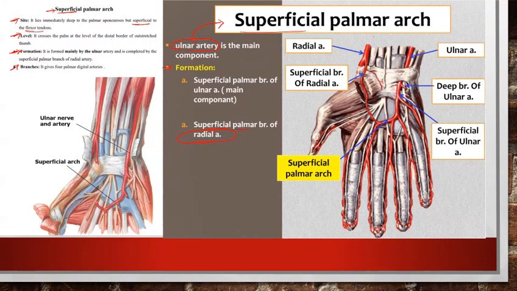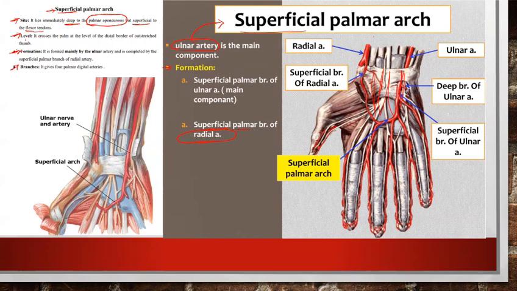The superficial palmar arch is superficial to these tendons, but it lies deep to the palmar aponeurosis. What is the palmar aponeurosis? It's a fascia or connective tissue found here in the palm to make it more straight. This is the second point, which is the site.